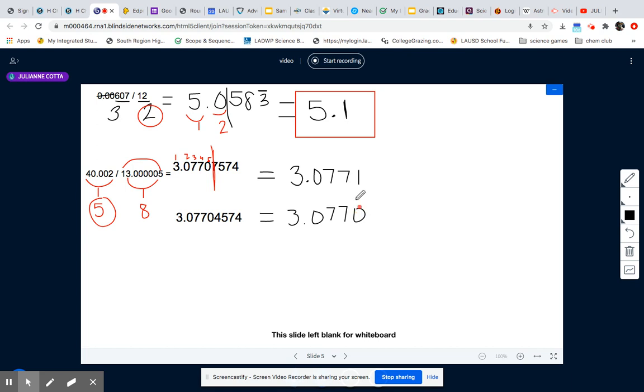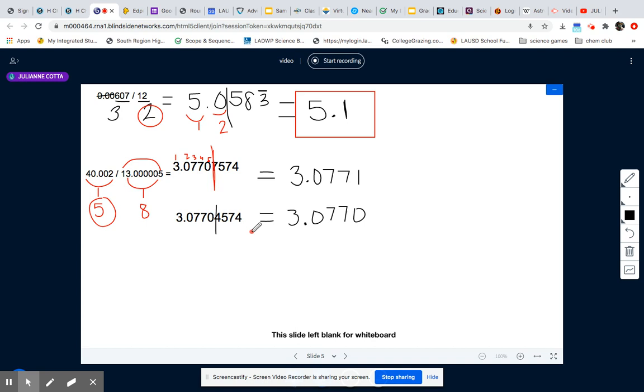You still need that significant digit. This 0 has now become significant because I still need 5 significant figures in this number. So I added this 0 here to show that it's significant, that here is where the cutoff was. Behind it was rounded down, but we keep that 0 because it's now significant. Remember, if you had 5 significant figures here, then you need to have 5 significant figures here. It has to be the same amount.